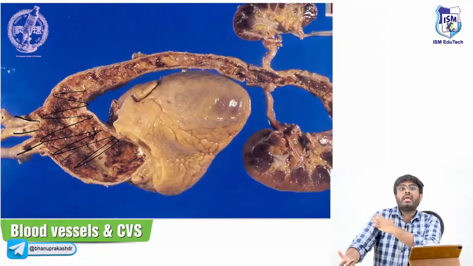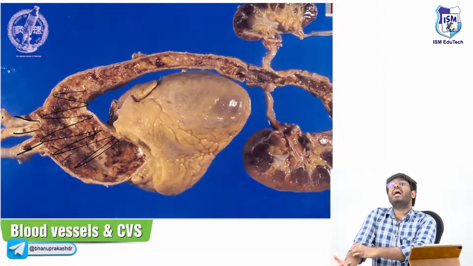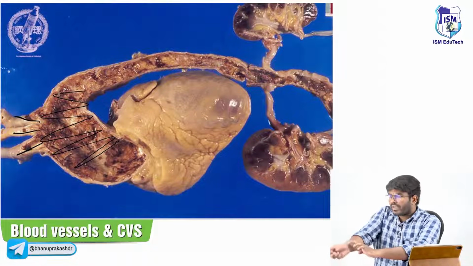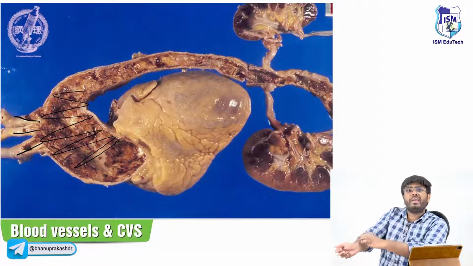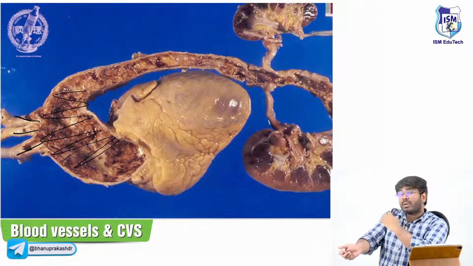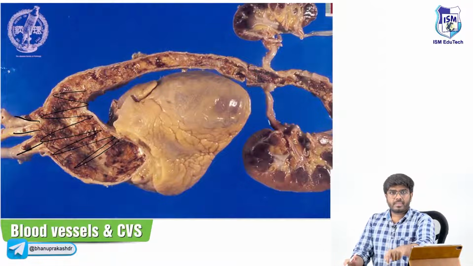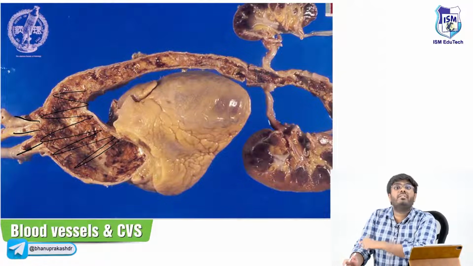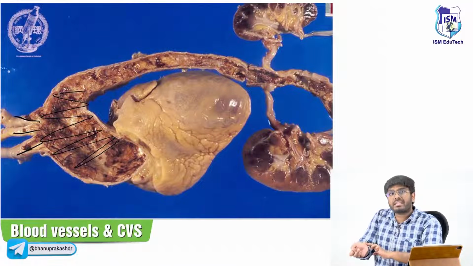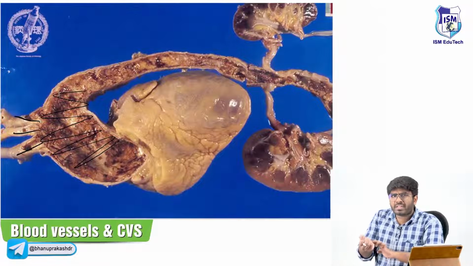So inflammation is going to spread through these larger arteries. When these blood vessels are inflamed, the blood flow through them is going to be greatly compromised. Less blood flow, inflamed blood vessels. So when you try to measure the pulse, are you able to appreciate the pulse in the upper extremities?